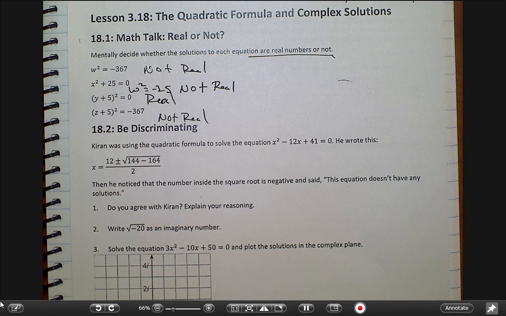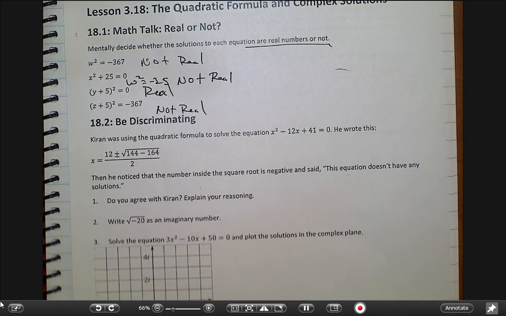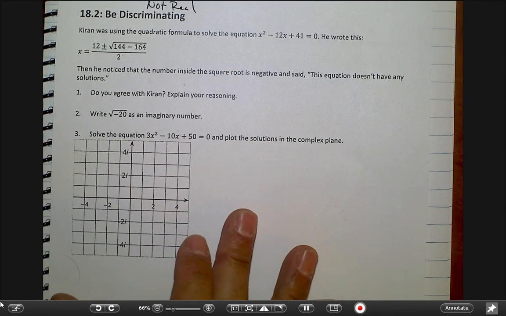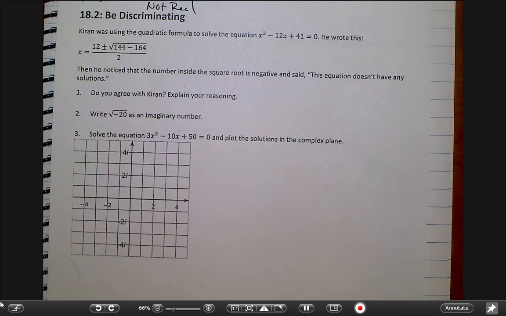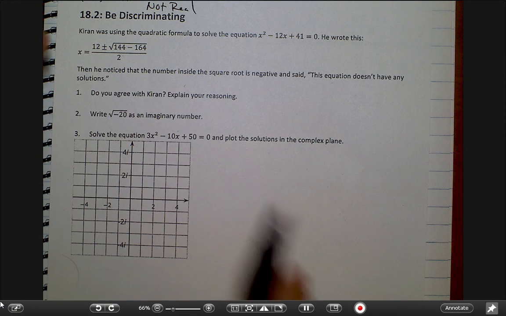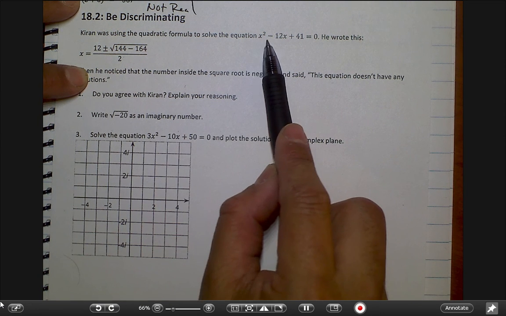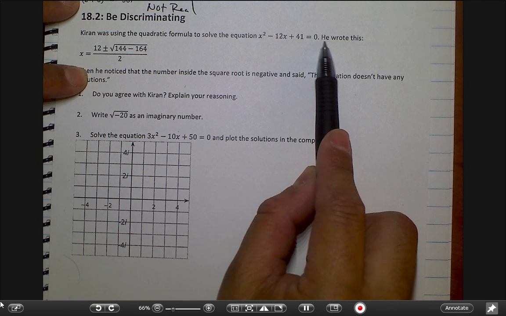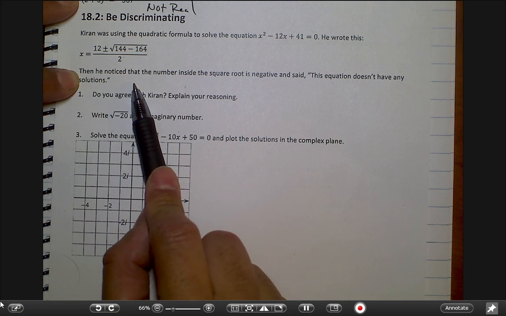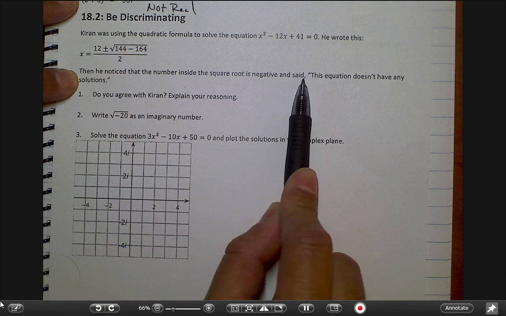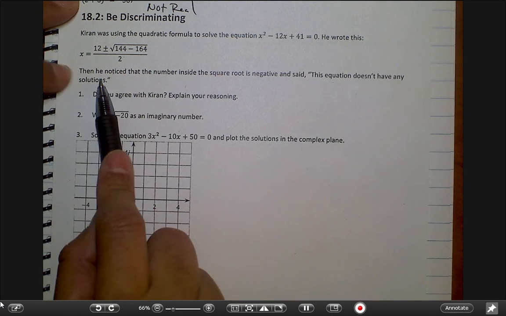All right. Let's see. Right here, it says Rafa was using the quadratic formula to solve x squared minus 12x plus 41. He wrote this. Notice that the number inside the square root is negative, so he said this equation doesn't have any solutions.